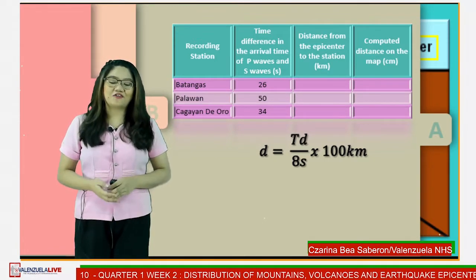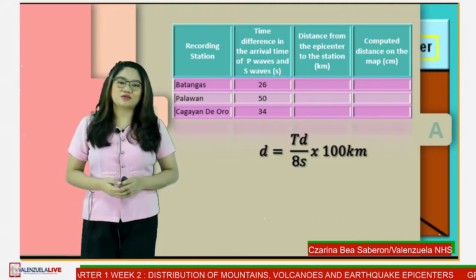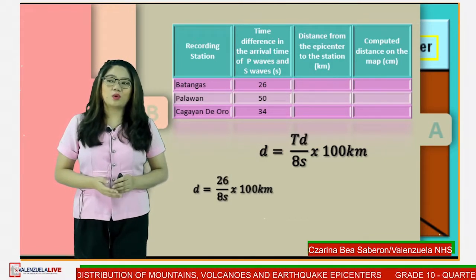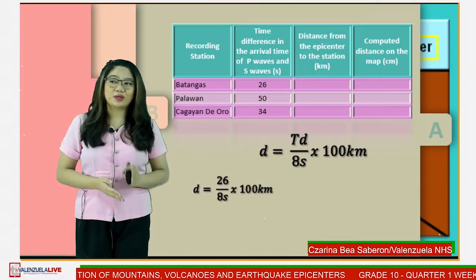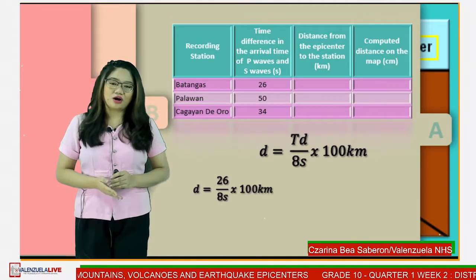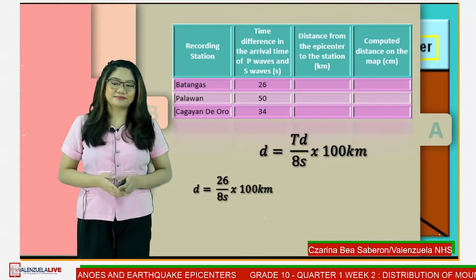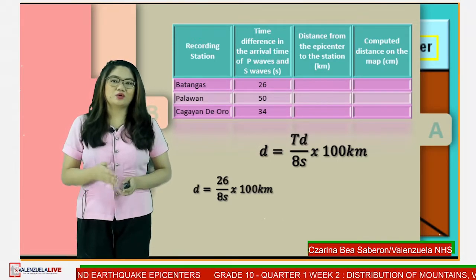So let's have Batangas first. So that will be distance is equal to 26 seconds over 8 seconds times 100. So what is it going to be?